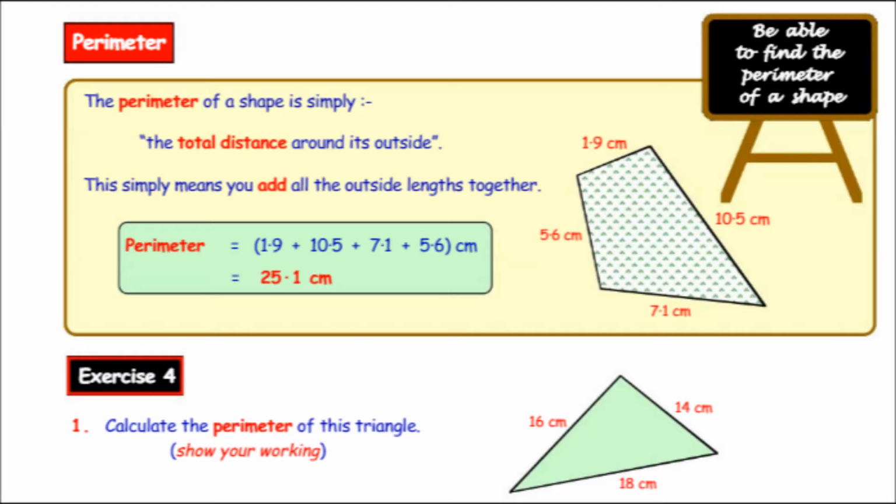Now what I'm going to tell you here is a little hint that will help you later on. If the triangle had sides that were all the same length, and there are triangles like that, this triangle here isn't like that, but if all the triangles had lines the same length, then only one label would be there. So say all the sides of this triangle were 16 centimetres.